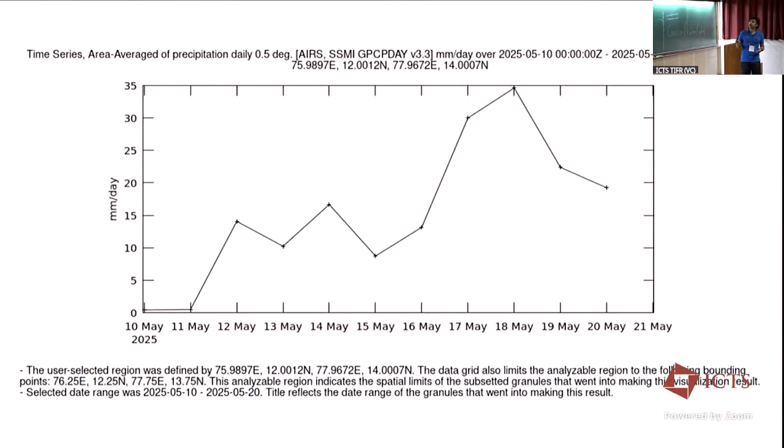I had taken a region of 75.989 east to 77.967 east and 12 to 14 north, roughly, which, those who know their map well would know, falls over Bangalore.